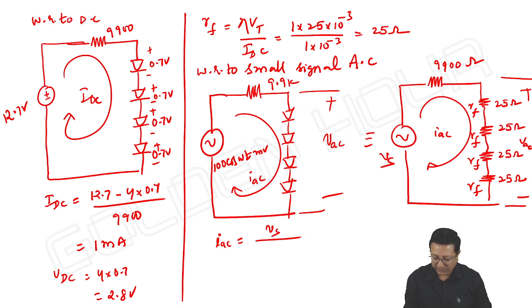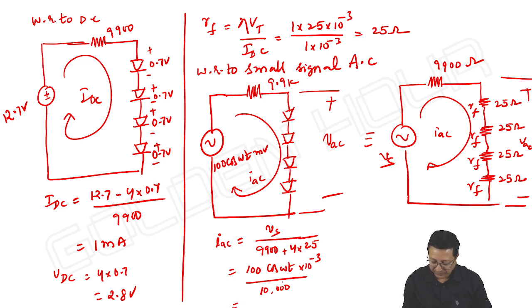It is Vs by 9900 plus 4 into 25, 4 resistors. Vs is 100 cos omega t into 10 power minus 3, by 10,000. It gives us 10 cos omega t microamperes.